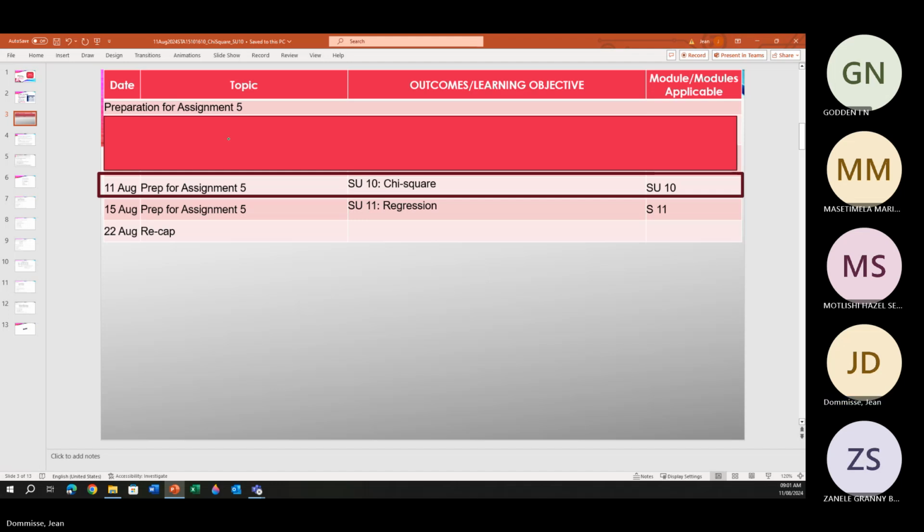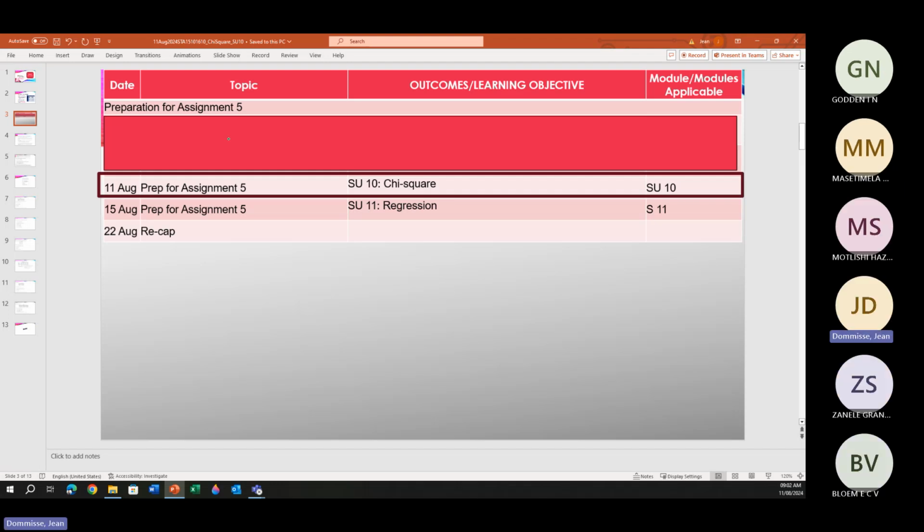We did some of those types of work in study unit 4 when we looked at probability, and via probability we wanted to establish if two variables are independent or mutually exclusive. Now in study unit 10, we use another statistical method, the chi-square, to actually decide if two variables are independent from one another.